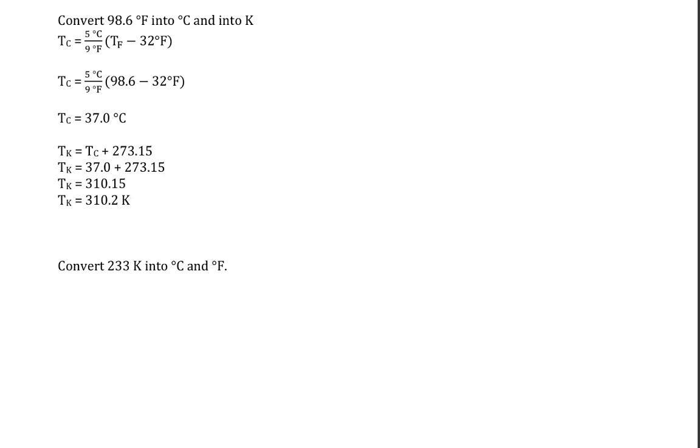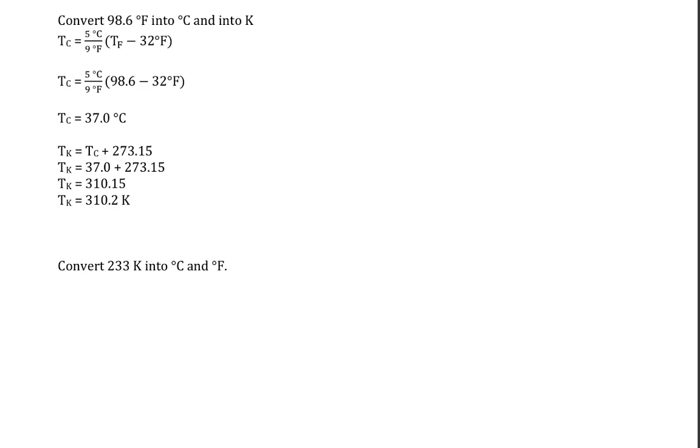There's our equation. So for the Fahrenheit, we put the 98.6 in. We subtract the 32, multiply by 5, divide by 9, and we get 37.0 degrees Celsius. Notice we start with 1 decimal, 98.6, and we report 1 decimal, 37.0 degrees Celsius. So that would be standard body temperature in degrees Celsius.